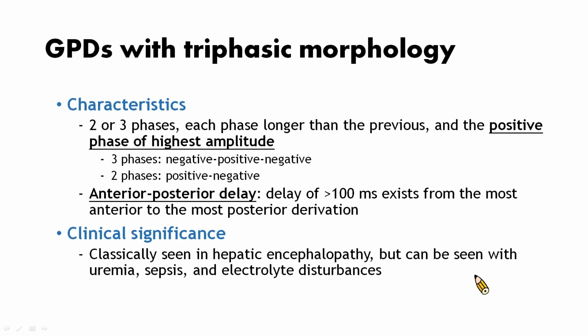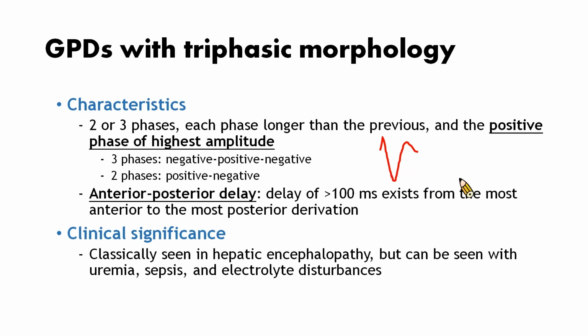A triphasic wave consists of 2 or 3 phases, with each phase longer than the previous, and a positive phase of highest amplitude. If it consists of 3 phases, it should be negative, positive, and negative. If there are 2 phases, it should be positive and negative, with the positive phase of highest amplitude.